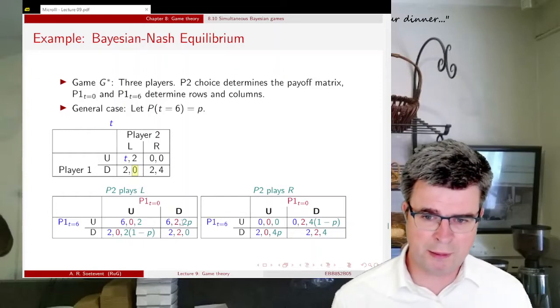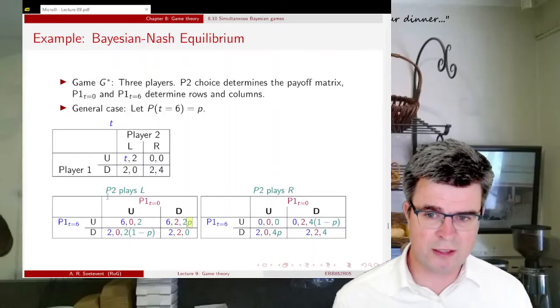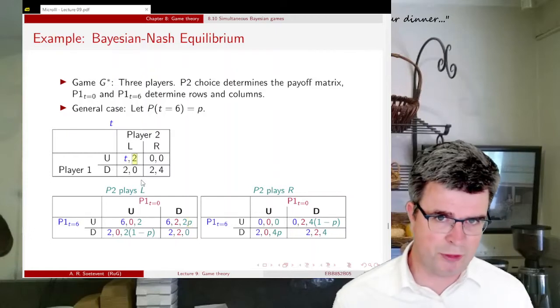So the expected payoff of player 2 playing L, given that player 1 of type 0 plays D and player 1 of type T is 6 plays up, is identical to the probability that player 1 is of type T is 6, in which case player 2 will receive a payoff of 2.